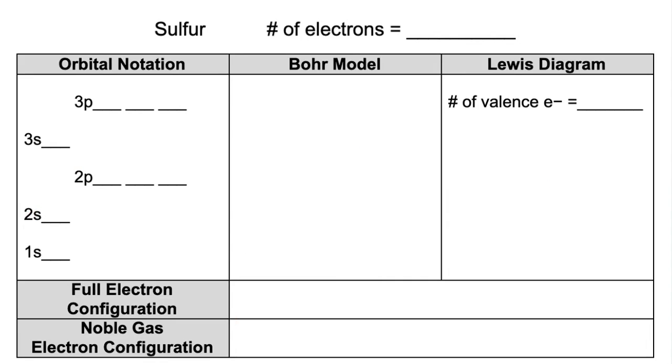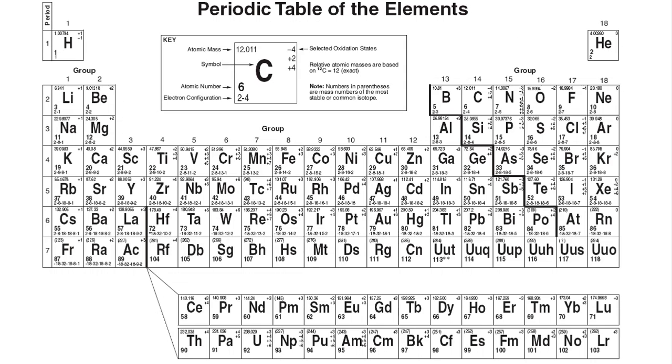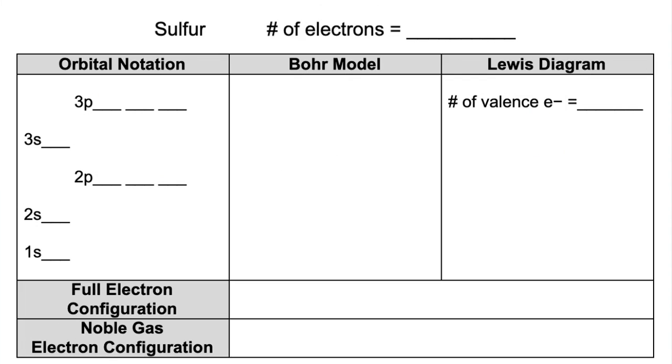Sulfur. If we go to the periodic table, sulfur is element S, and sulfur is element 16. So there are 16 protons in sulfur, and as a neutral atom, there will also be 16 electrons. That means I need to have 16 arrows in this orbital diagram.